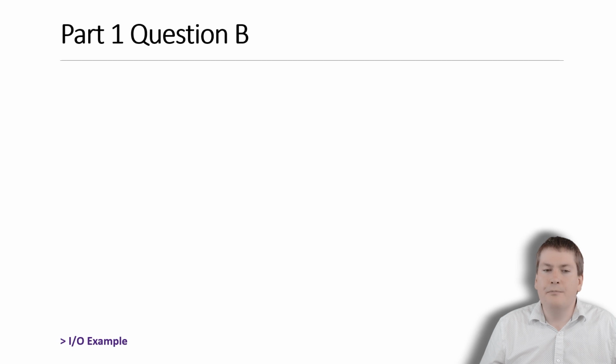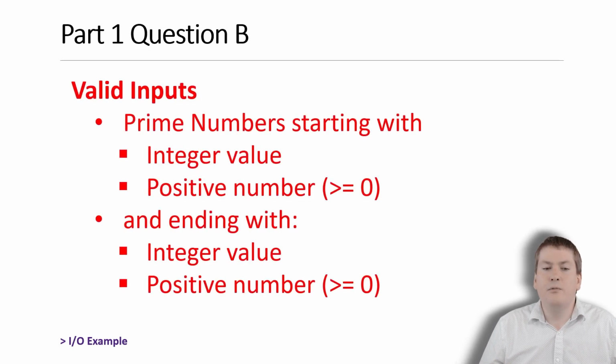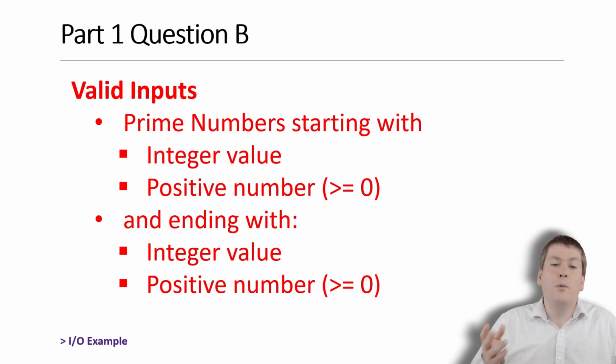Okay, on to program B. For program B, we were calculating prime numbers between 2 values that the user input. So the valid input would be 2 integer values, one that represents the starting number and one that represents the ending number. Originally we said that these could be negative values, because that does make sense.